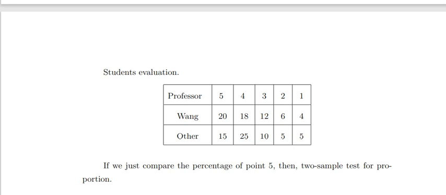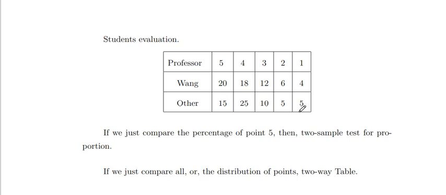If I just focus on this category, this becomes two proportions, right? We just check this. Or check all, then check the whole two-way table.